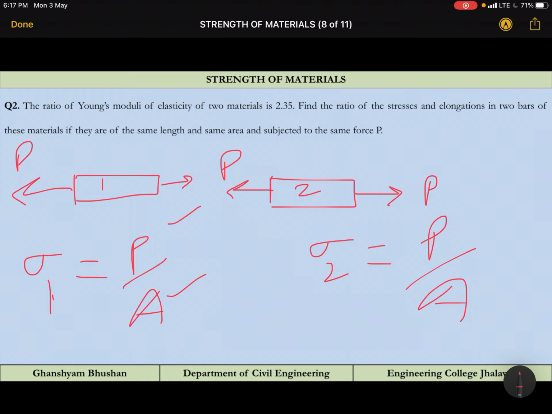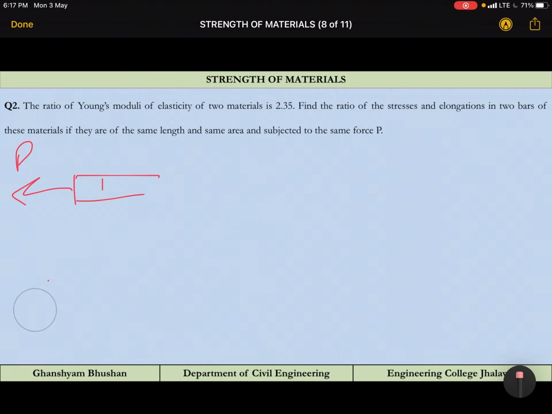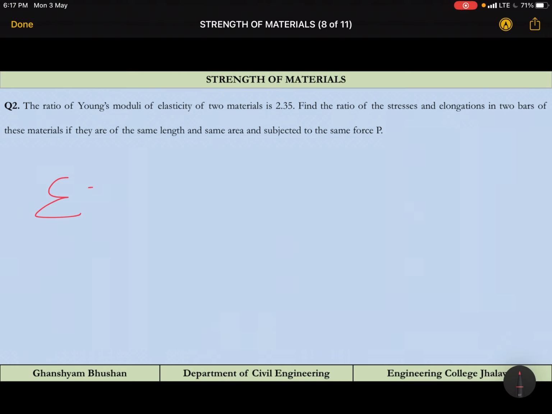Now we have to check how the elongation is going to be affected. The stresses we have noted down came out to be the same. Now what is the strain? Strain is sigma by E. Sigma is the same, but now let us see the deformation.